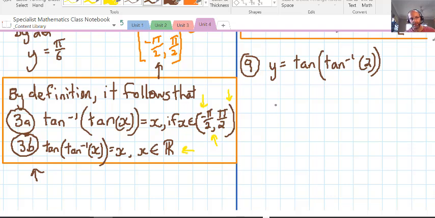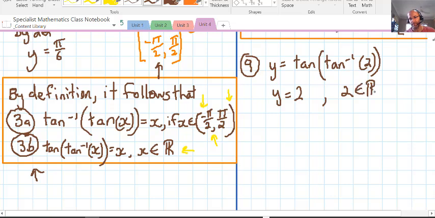So we've got y equals 2, because 2 is an element of real numbers, obviously. Or you could, if you don't want to learn the 6 definitions and quote them, just keep using that direct reasoning that we've used over the last few videos. Either way, y equals 2.